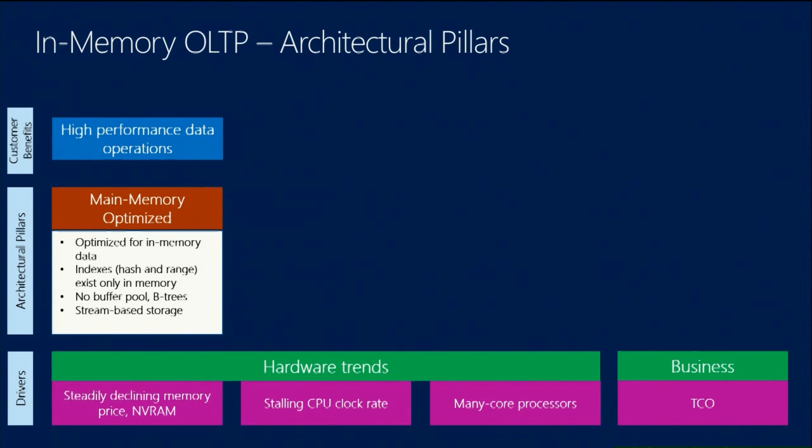And because we don't use page-based data structures, we can use stream-based storage. So what we do is we have append-only files to store the durable data. You may wonder, why do we even store this data on disk? Isn't this a main memory feature? Well, we don't want your data to get lost just because the server crashes.